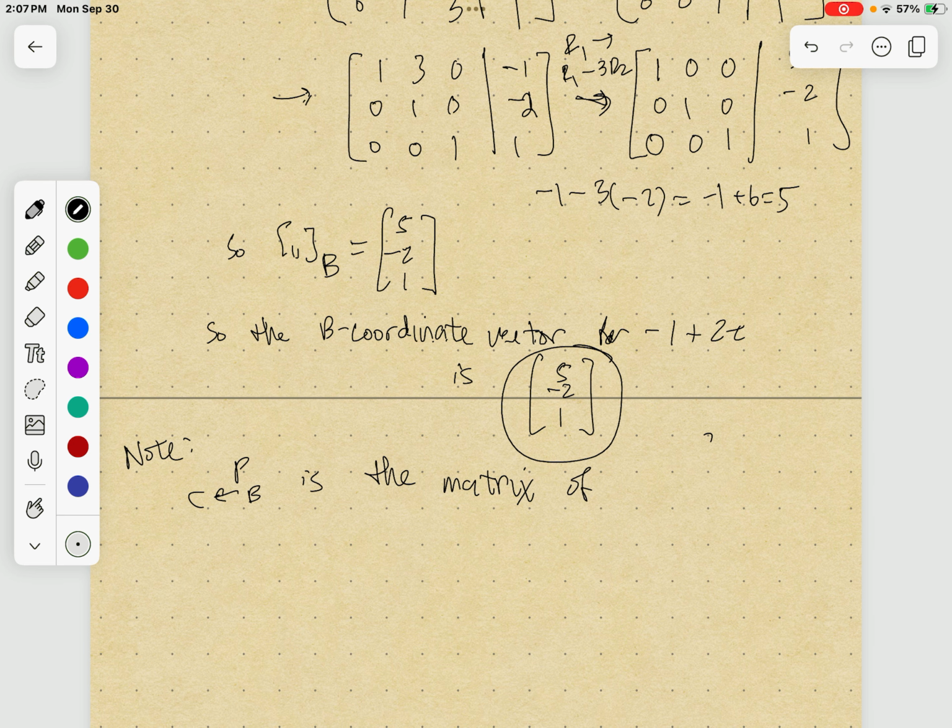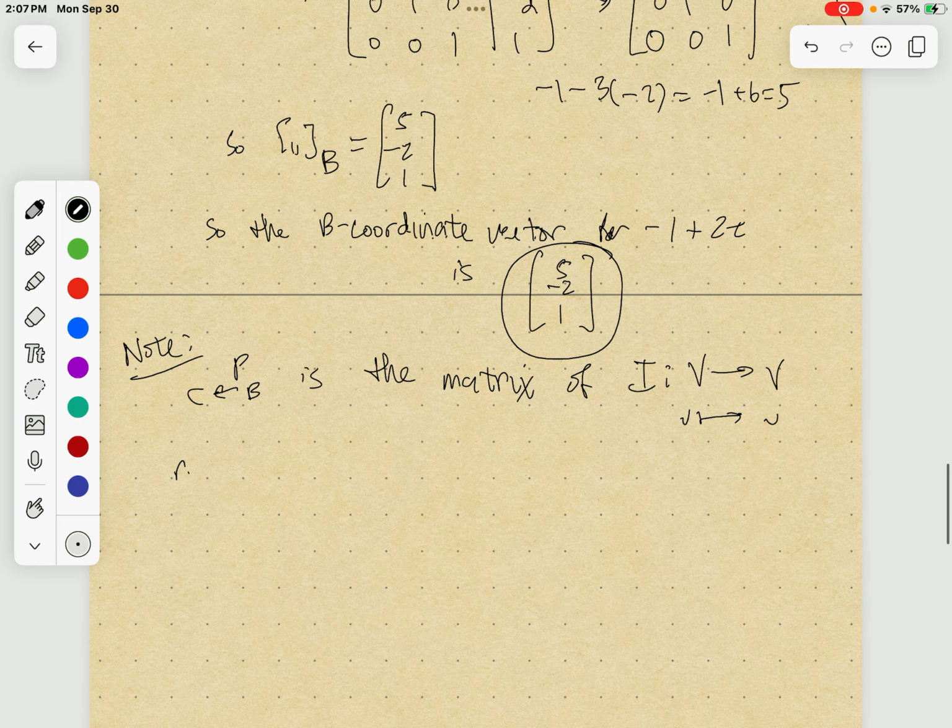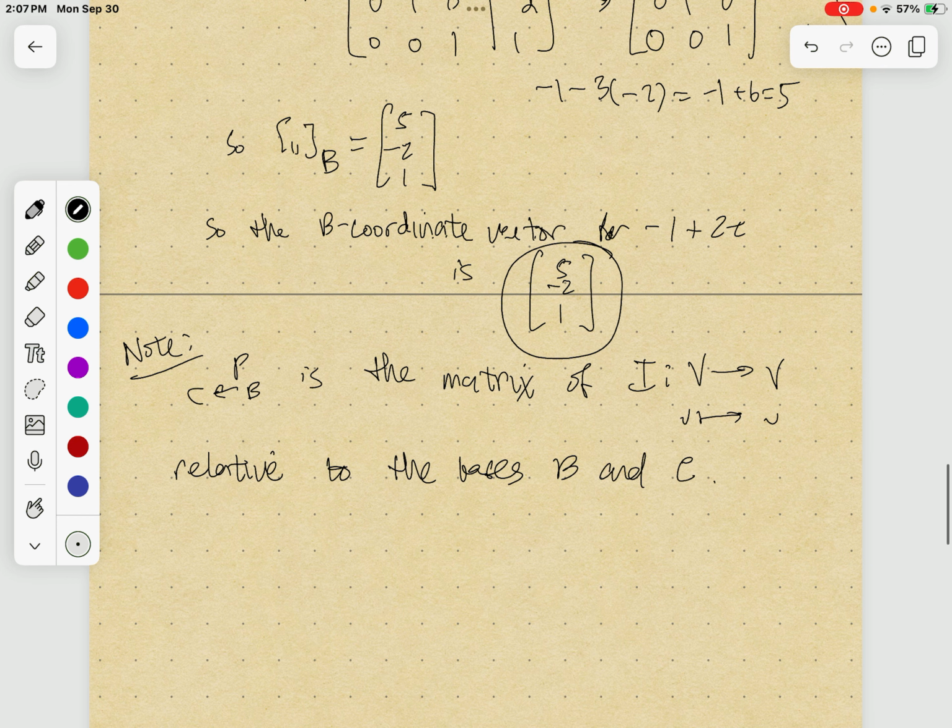So note, of the identity transformation from V to V, so this just takes V to V, relative to the bases B and C.